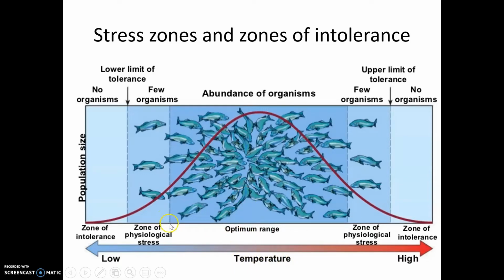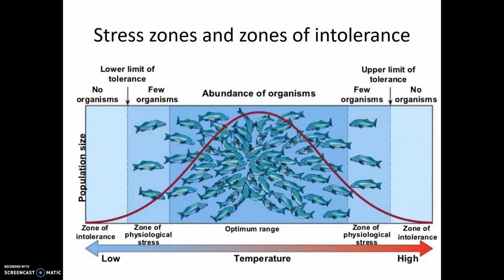And then if the temperature, as it is in this case, becomes too low or too high, then we talk about this as the zone of stress. We would have a zone of stress down here and another zone of stress up here. And if the temperature becomes too high for any of the individuals to survive, we would refer to that as the zone of intolerance. And again, if it becomes way too low, we would also have a zone of intolerance down here.